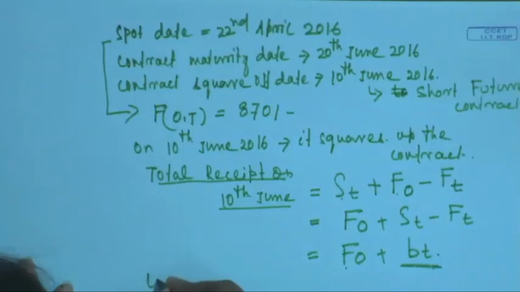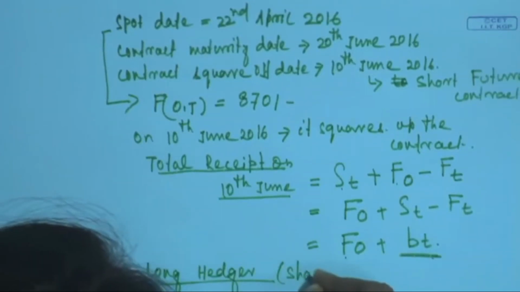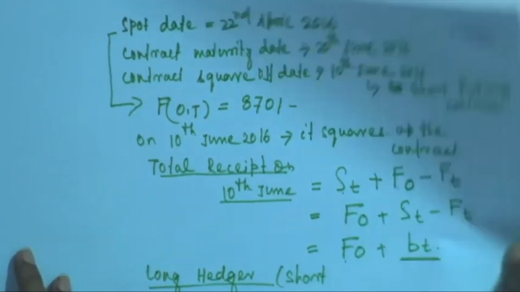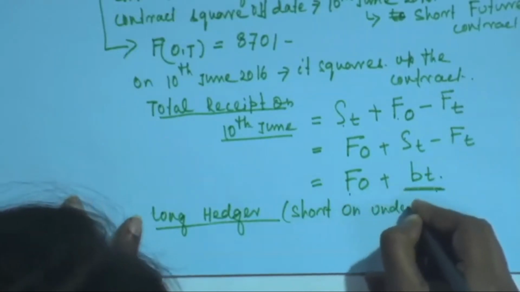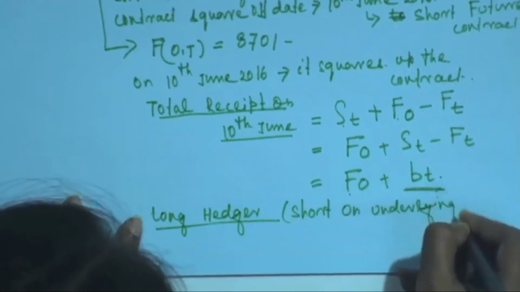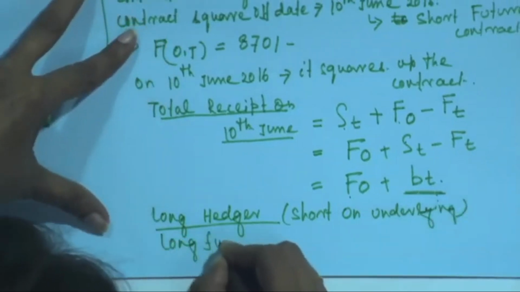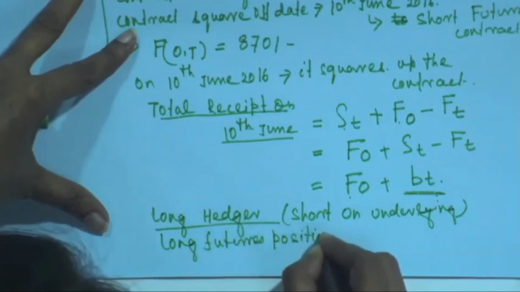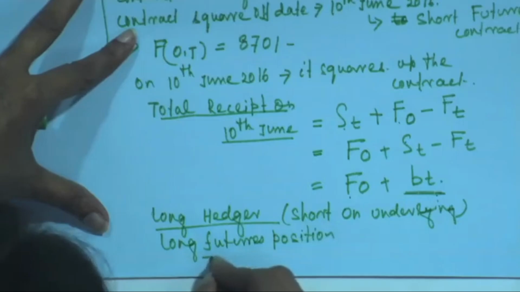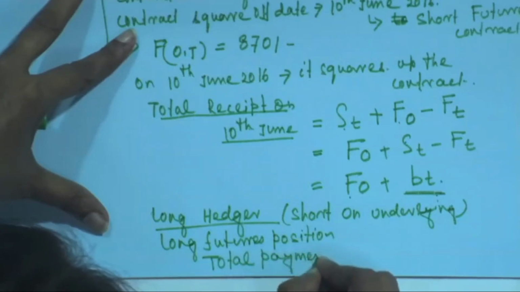Similarly, if we have a long hedger, a party who is short on the underlying, or who is a consumer, and would like to take a long futures position, his total payment will be as follows.